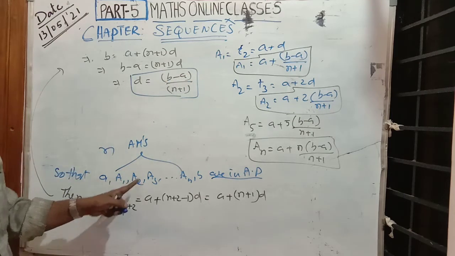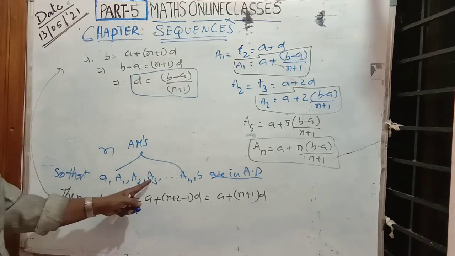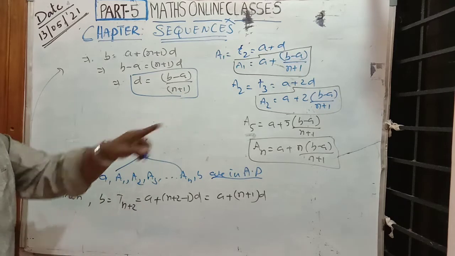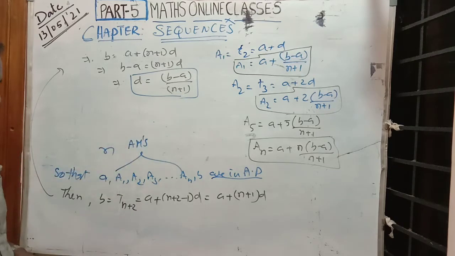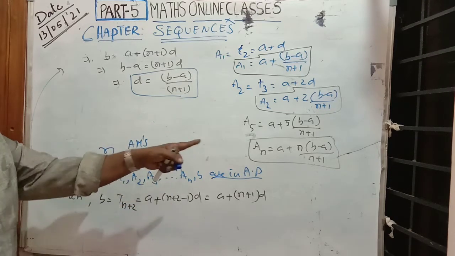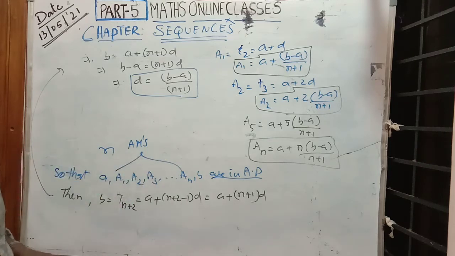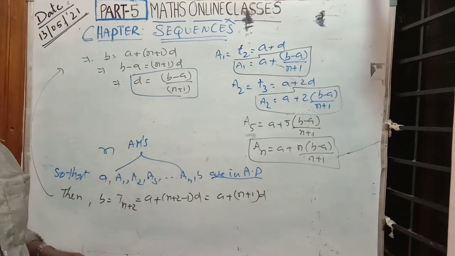The second AM is A plus 2 into D. The third AM, A plus 3 into D. D means (B minus A) by (n plus 1). The nth AM, A plus n into (B minus A) by (n plus 1). Like that, we have to find all these things. It's a very important concept.